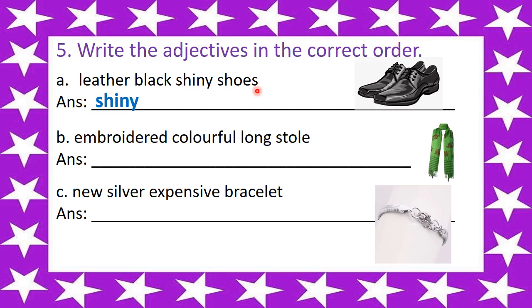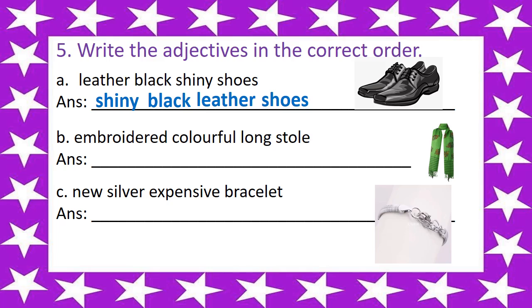Then age is also not there. Then what is next? Color. So we can see color here. That is black. So shiny black. And then comes the origin or material. So material is here. That is leather. So leather, and at the last, noun. That is shoes. So now this is in correct order. That is shiny black leather shoes.